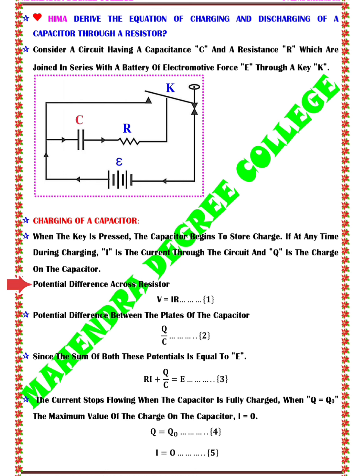the potential difference across the resistor V equals IR. This is equation number 1.